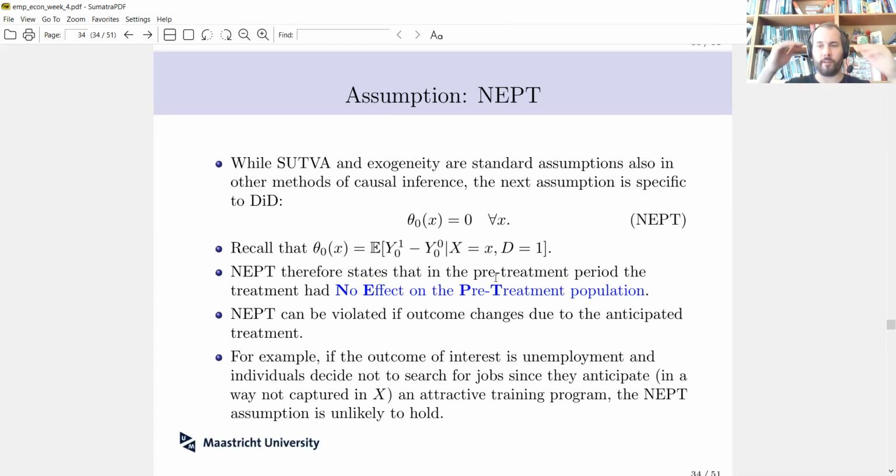Because I know that there will be a treatment, I change my behavior today. Therefore, you don't see the potential outcome without treatment anymore, because I anticipate treatment. So I don't know what would have been my potential outcome in a world where the job training did not exist. This gives us a problem. Anticipation of treatment is always a problem.